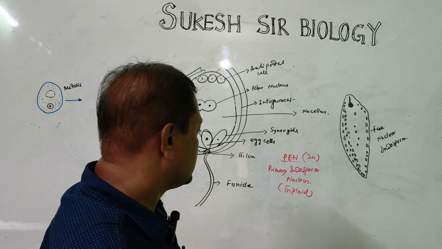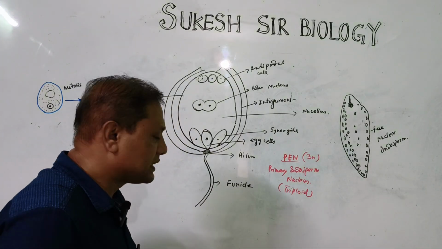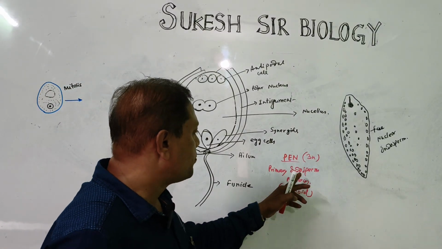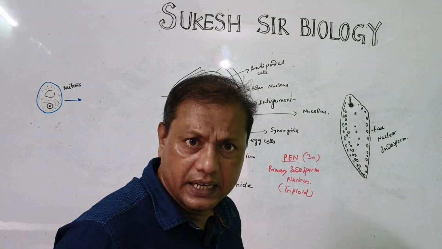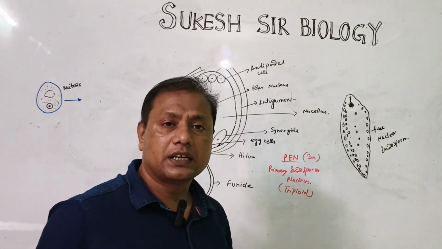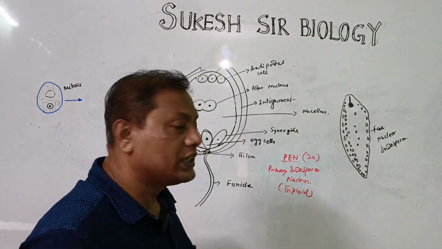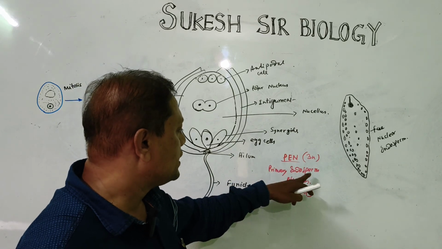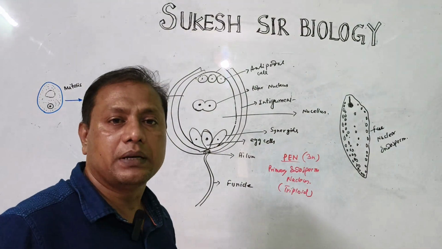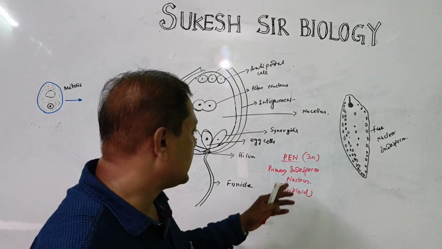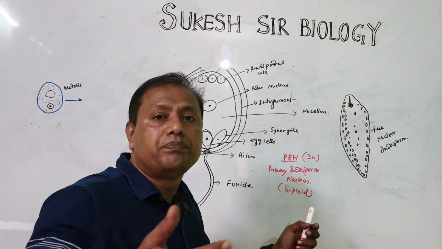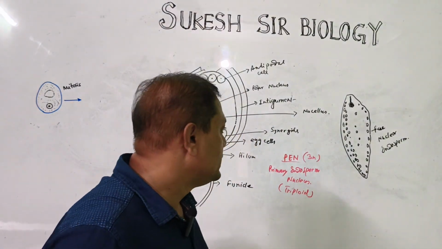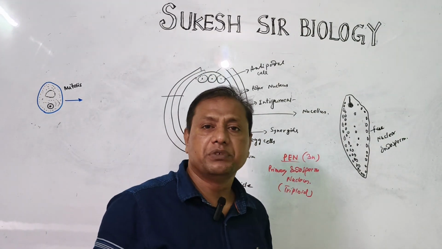Okay, so triploid structure. What happens after that? After that, it produces endosperm. How does the endosperm formation take place? The PEN, primary endosperm nucleus, starts multiplying by the mitosis process, and it produces a huge number of nuclei where no cell formation takes place.